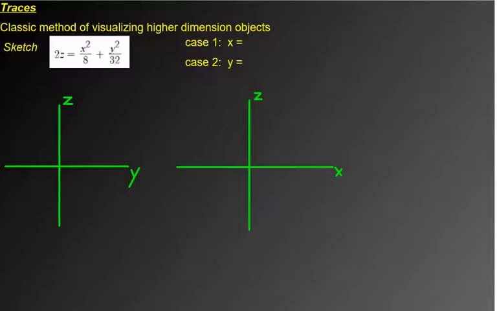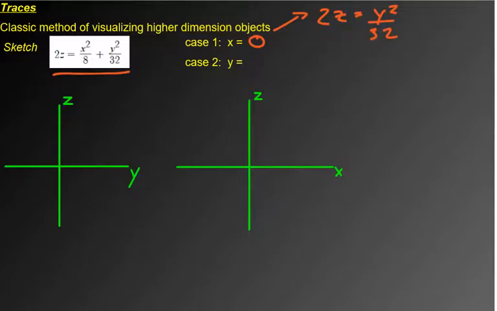So if I have x equals 0, let's say, then the equation here would reduce to, I'm going to do this up here, 2z equals y squared over 32. And if you think about it, that is just a parabola, and it's going to open like you're used to with x, y graphs.